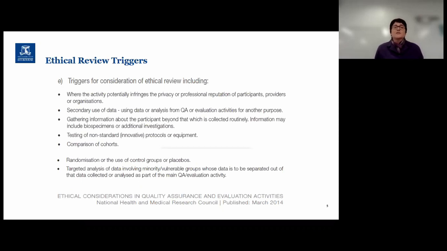So it is something that you're doing that is new rather than something that you have been doing quality assurance or clinical audit against. Then you need to think about ethical review. And likewise, if there's a comparison of cohorts. The last two there are less common in quality assurance activities, but nevertheless, they suggest that if these triggers are there, ethical review is required.